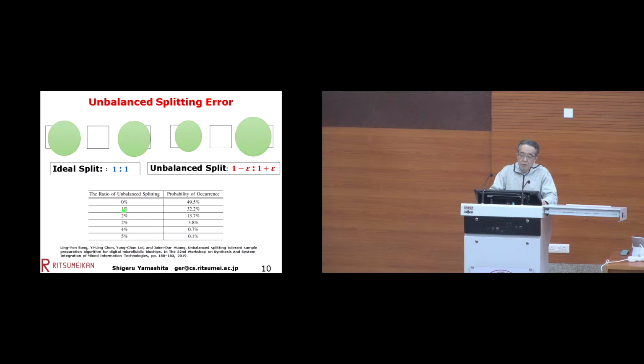But sometimes, for example, unbalanced 1% occurs with probability of more than 30%, something like that. Maybe this is missing, this should be 3. So this is called unbalanced splitting errors. Of course, this is not ideal.